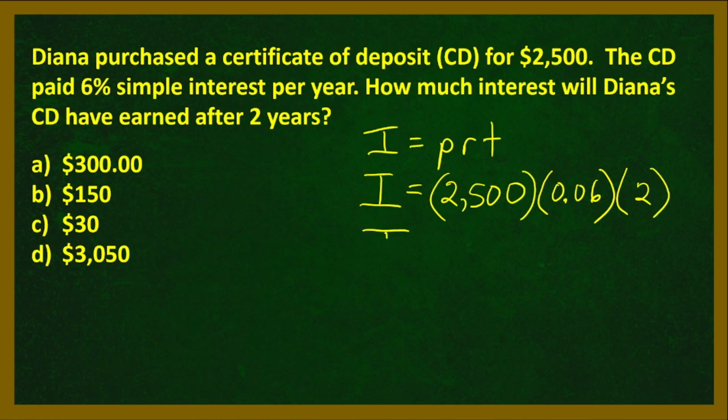Now, in order to calculate the interest, we simply multiply the principal times the rate times the time. And you can use a calculator, or I'm going to go ahead and work it on the screen here. 2,500 times that 6%.